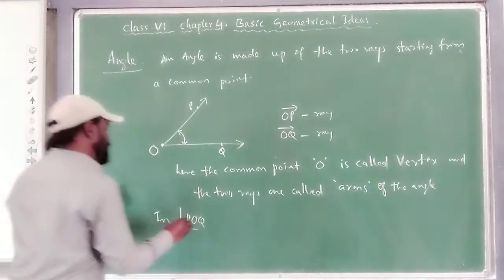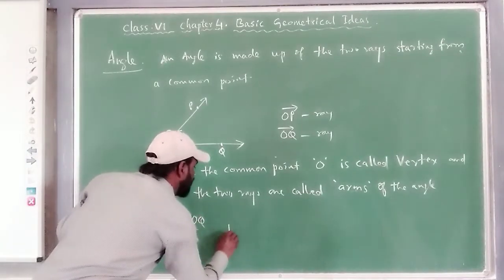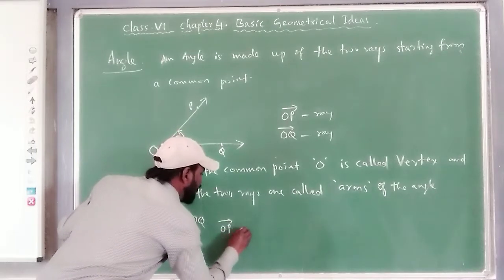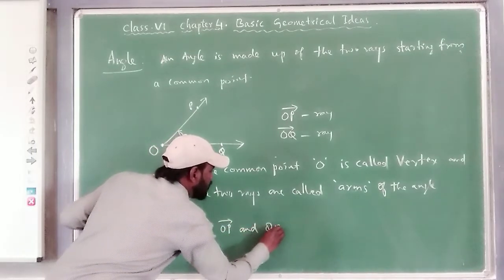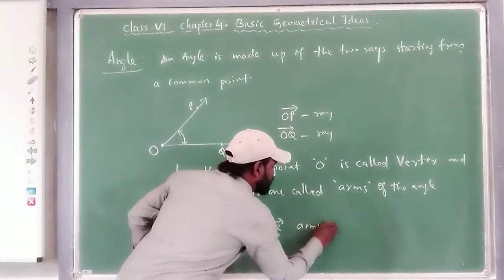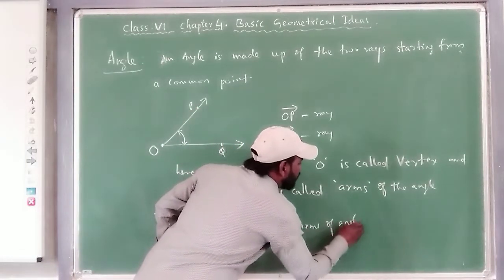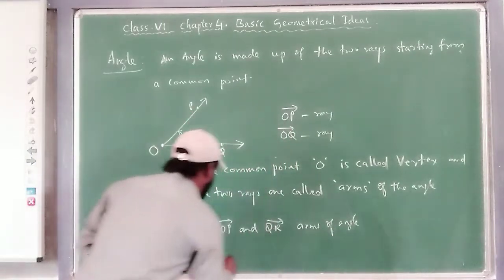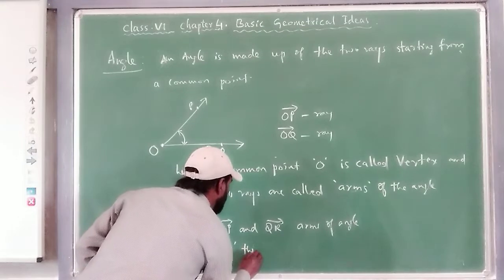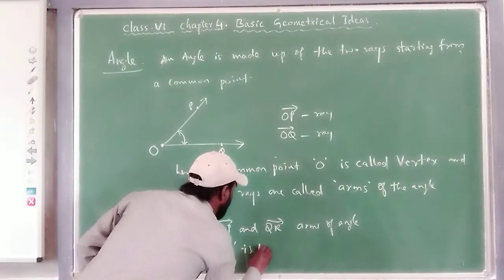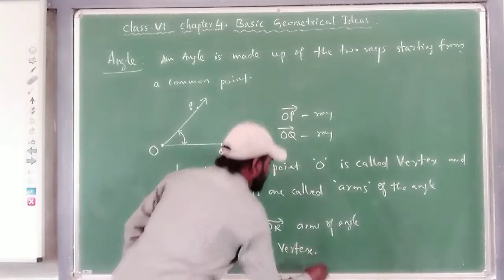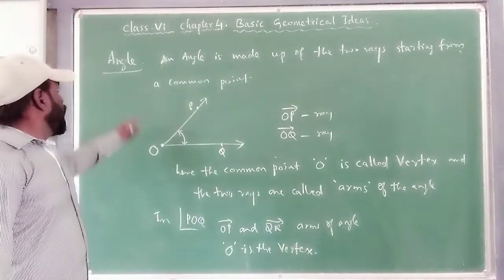So in angle POQ, OP and OQ are the arms of the angle, and O is the vertex.